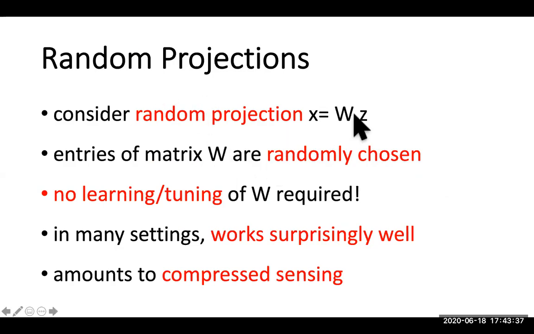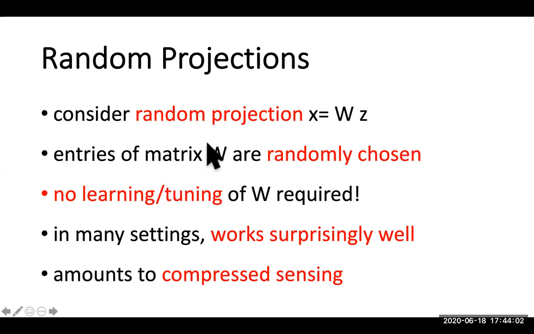And an alternative to PCA is to do random projections. So what we do here is we choose the matrix W by filling it with random numbers. So we choose each entry of the matrix W by random draws from some distribution, for example, Gaussian random numbers, or Bernoulli, -1, +1.